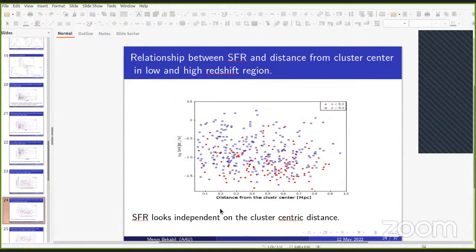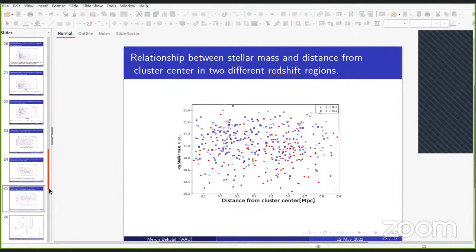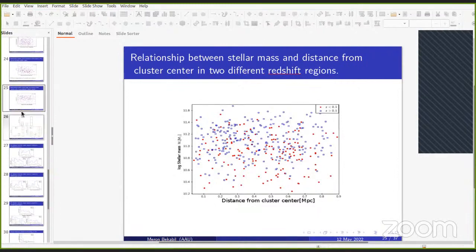Again, we expected some relationship between the high redshift and low redshift ranges, but they are distributed directly, so we cannot clearly see a relationship between the distance from the cluster center and the star formation rate. This is also what we expect from the universe.